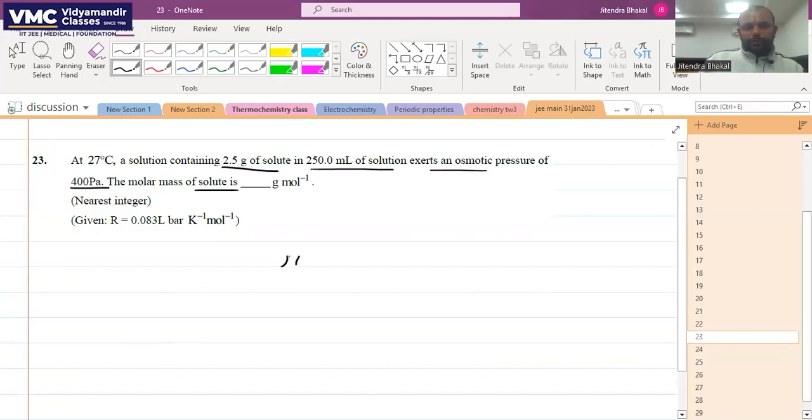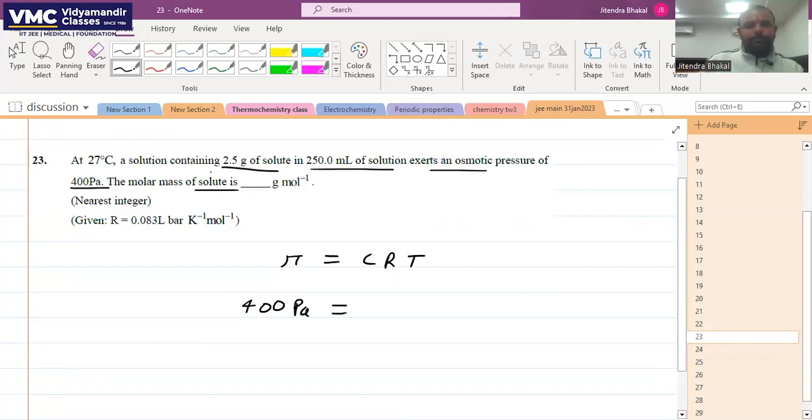So we know the formula for osmotic pressure, that is pi is equals to CRT, where C is concentration, moles per liter, pi is osmotic pressure. So the value of osmotic pressure is 400 Pascal.